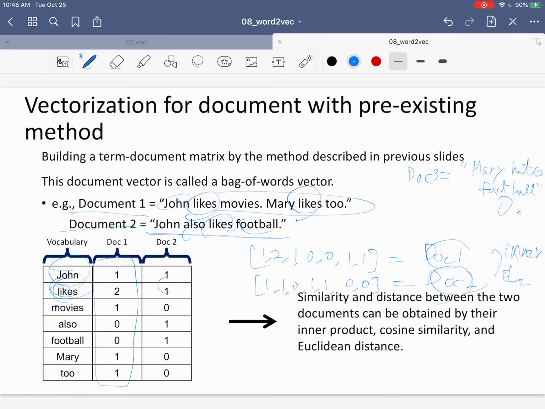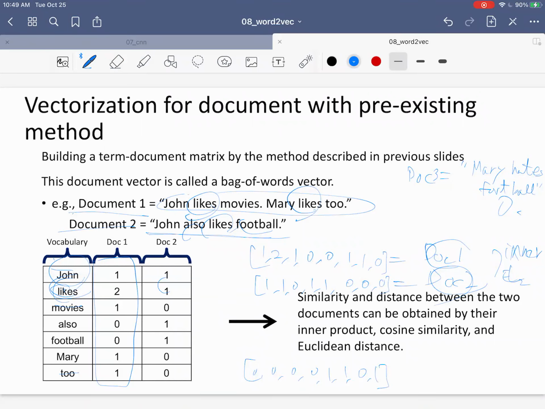Let's assume this is doc 3. Then the vector representation of doc 3 would be like 0, 0, 0, 0, 1, 1, 0. Let's assume that there's hate here, so we need one more dimension: 0 for hate, 0 for hate, 1 for hate.